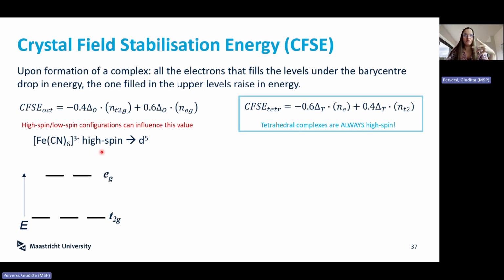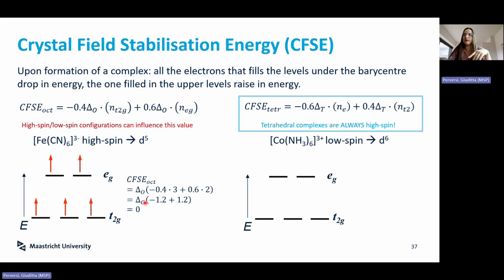A good example would be the hexacyanoferrate ion, which is a high spin d5 configuration. You end up putting your electrons 1, 2, 3, 4, 5 with a crystal field stabilization energy that at this point goes to 0. They will nullify each other, but it will be happy to be distributed.